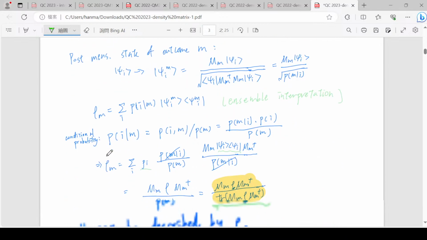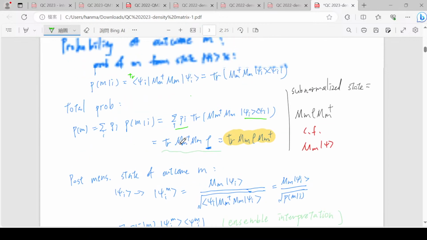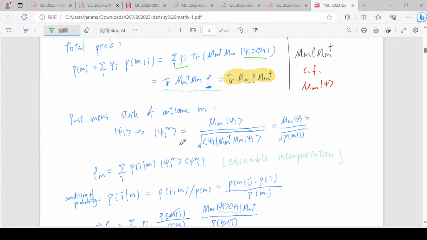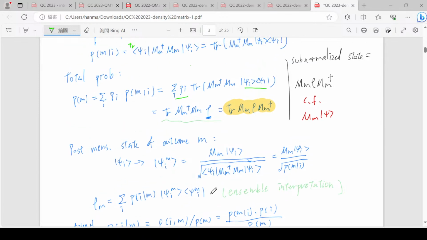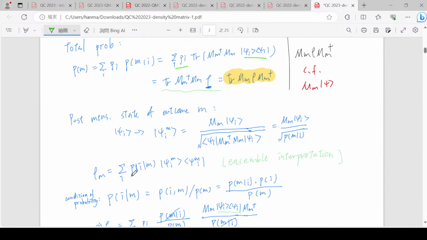And then we need to do a little probability theory. So the rho_m after, the total density matrix after the measurement, it will be... Okay, so here is a bit tricky. It should be a sum over all possibilities i, but it should be p_i conditioned on m.